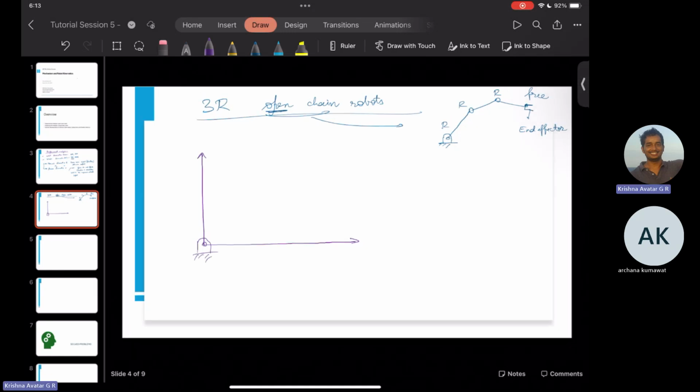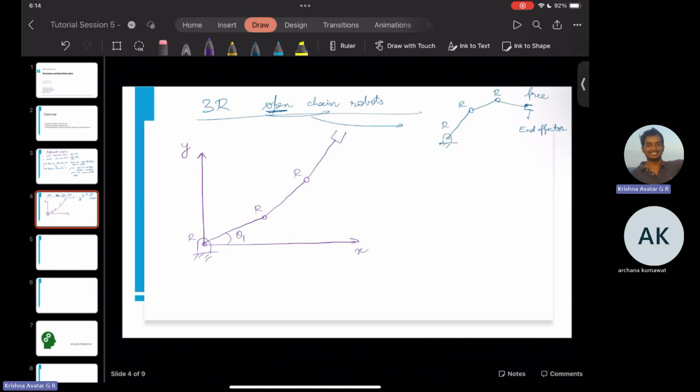And say we have links. As we recall, we have 3R, so this is R, this is R, and this is R. So we have 3 links. And this is our X and Y axis as usual.